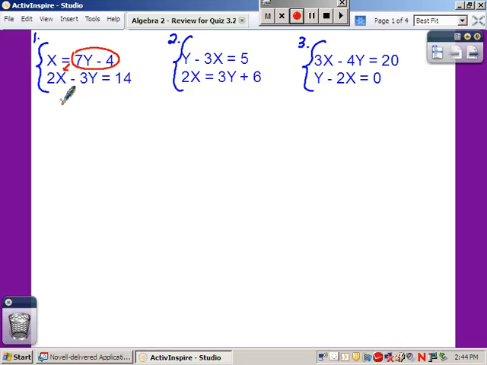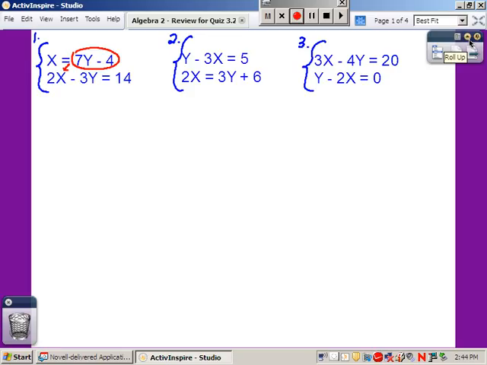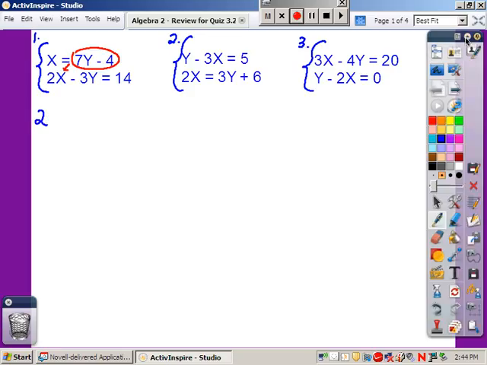So basically, I'm just going to rewrite the second equation, except instead of an x, I'm going to put the stuff from the other problem in for x, like this, in parentheses. And then I'm just going to continue writing the rest of the equation as it was.